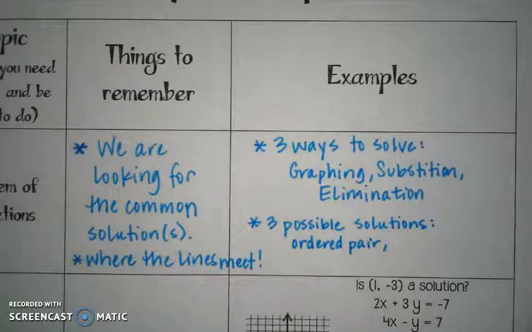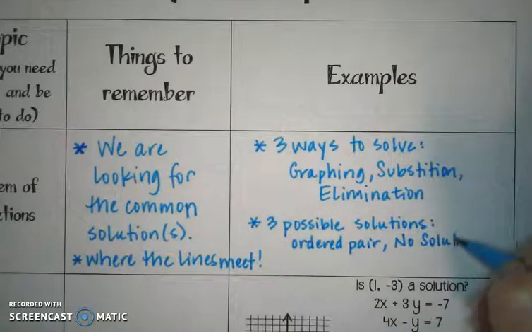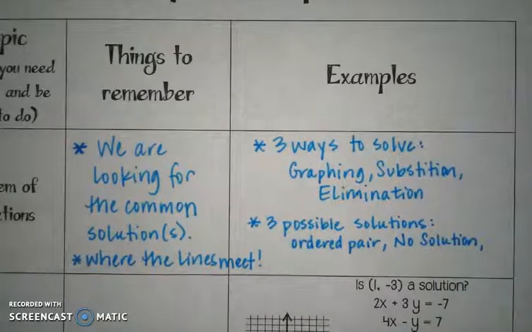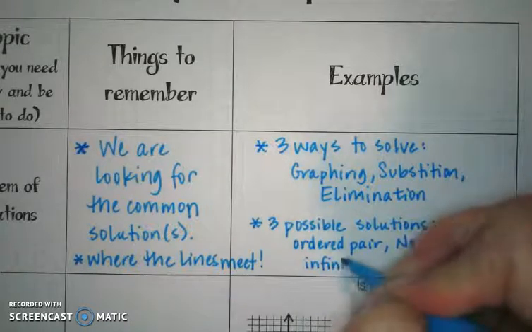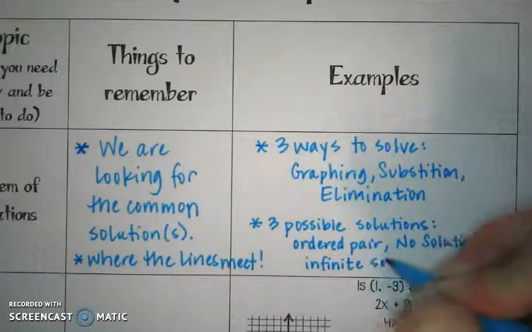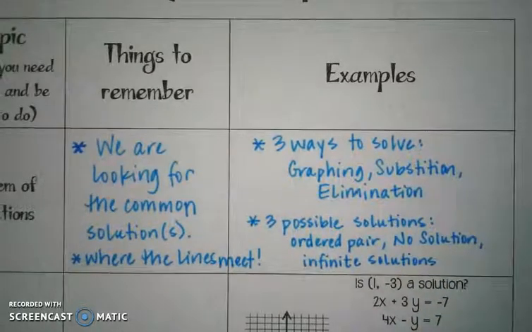The other thing that might happen is that there could be no solution. And then the third thing that can happen is that we would have an infinite number of solutions. So 3 ways to solve and 3 possible solutions to a system of equations.